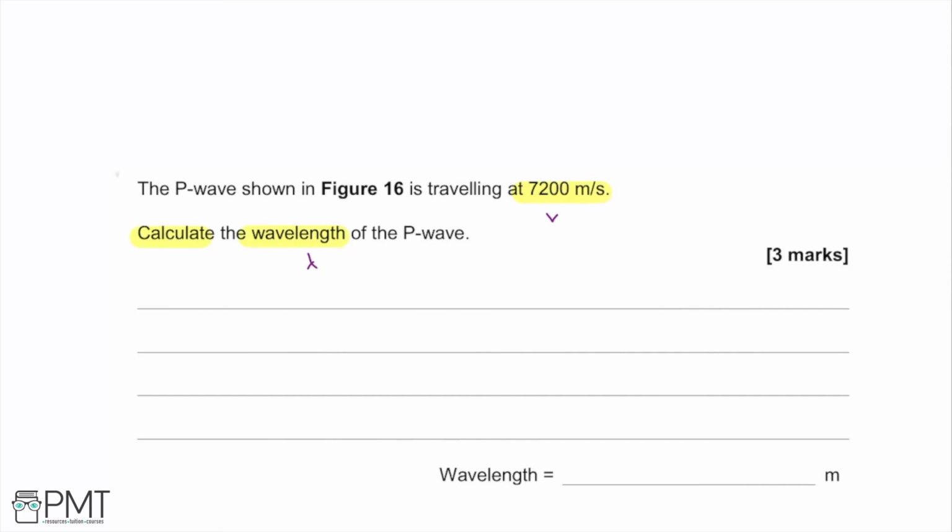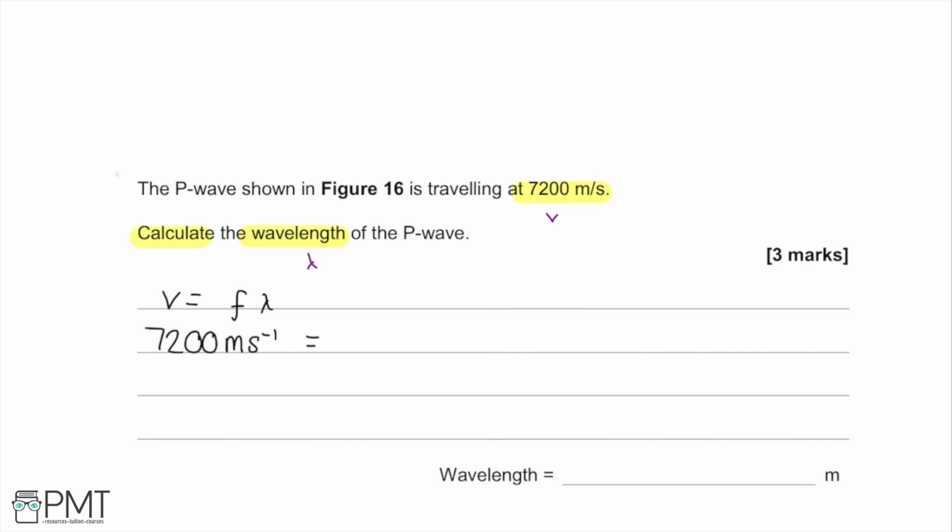I'm going to be working with the equation that I've just written in the previous part of this question, which is going to be that wave speed is equal to the frequency multiplied by the wavelength, so v equals f lambda. So I can start by substituting in my values. We have the velocity up here, which is 7,200 metres per second.